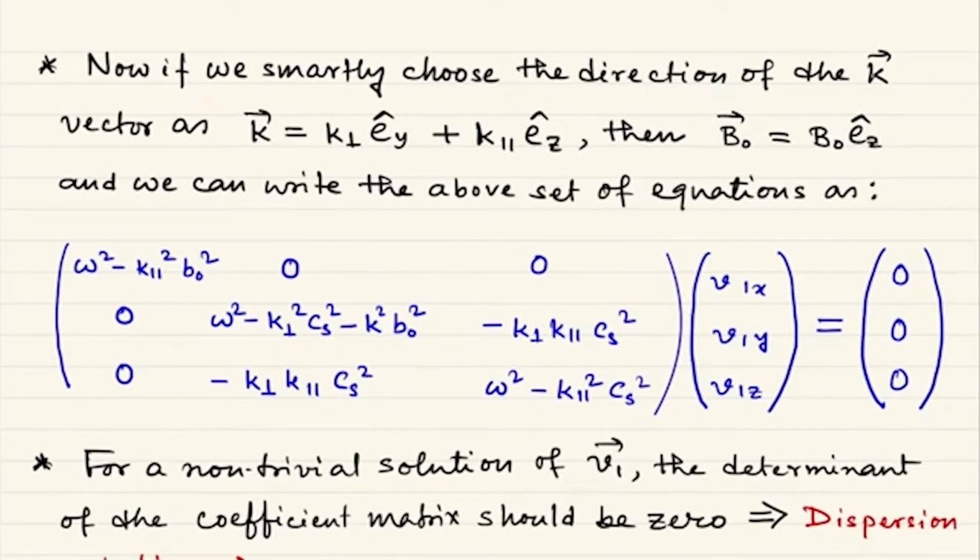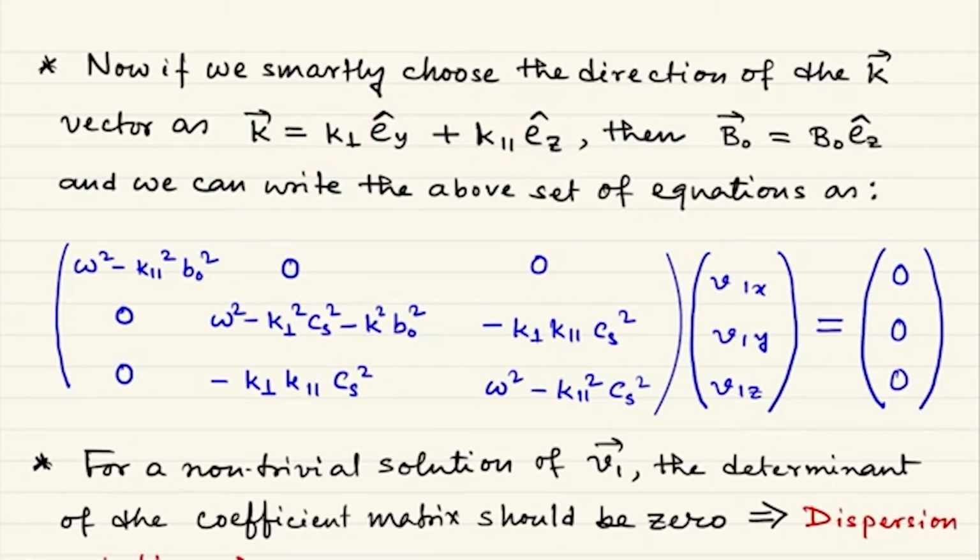Now first of all we do a smart choice of the direction of the propagation vector, and you will see why this is very good. Without losing any generality, we choose that our k has two components: along the x direction there is no component for k, only k perpendicular is along the y direction and k parallel is along the z direction.